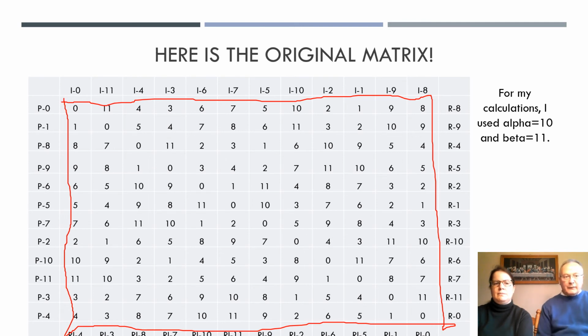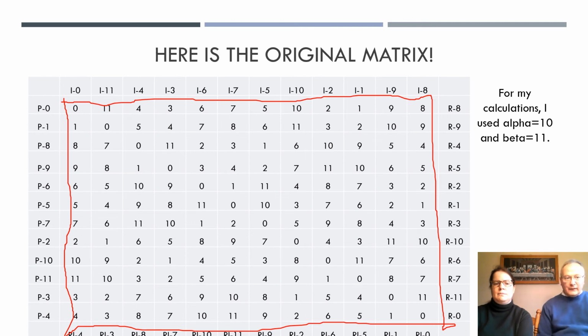So we have the original theme with numbers: 0, 11, which was beta, 4, 3, 6, 7, 5, 10, which is alpha, 2, 1, 9, 8. And if you go backwards, that's the retrograde.